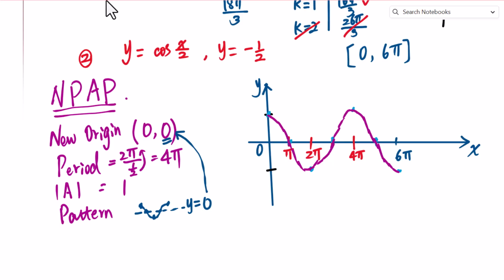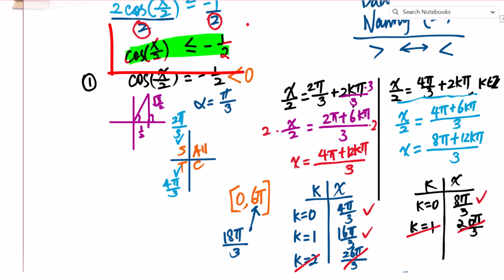Then we need to draw y equals -1/2. This is -1. This is -1/2. Just estimate. We are solving cosine x over 2 less than or equal to -1/2.